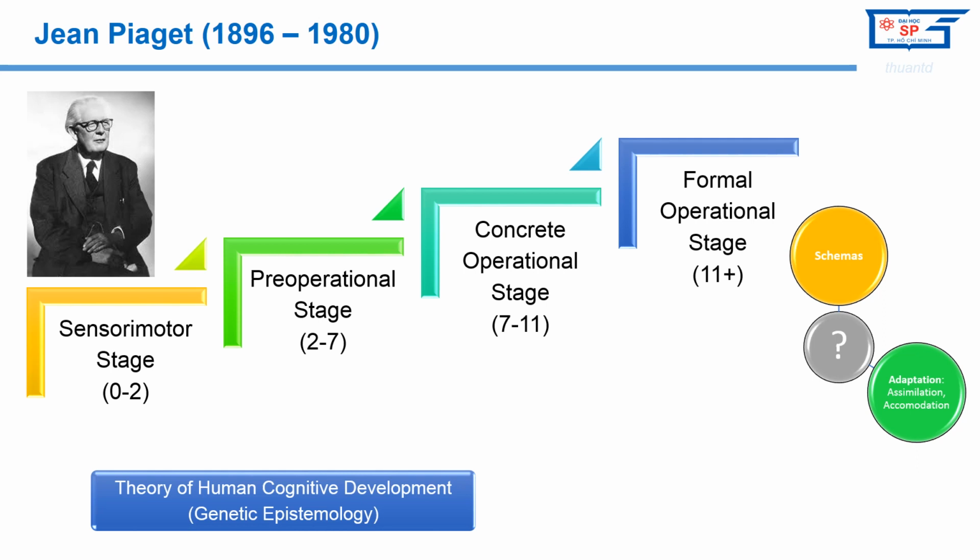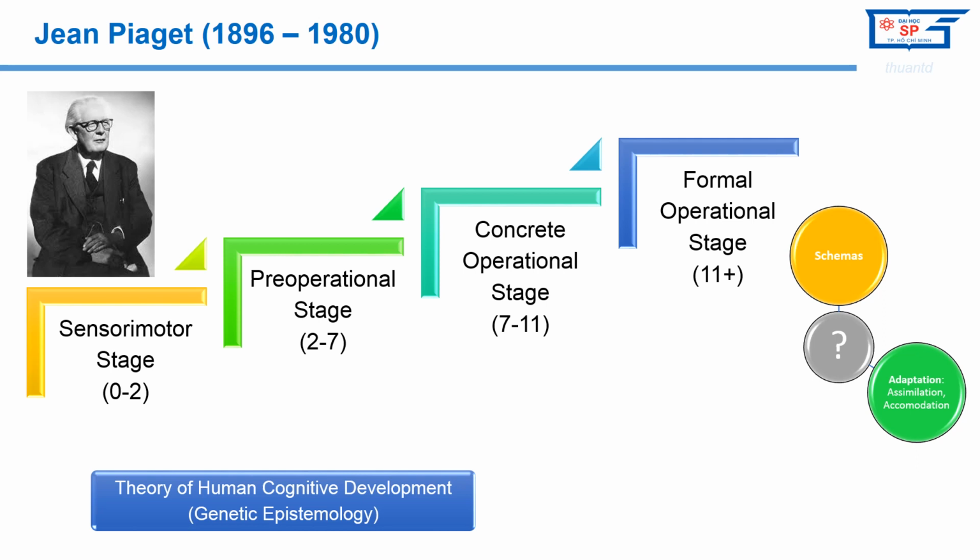Accommodation occurs when persons process new information by altering their psychological representations to fit the new information. It is an additional constituent of adaptation that includes altering people's current schemas to suit the new information. This process is called accommodation.